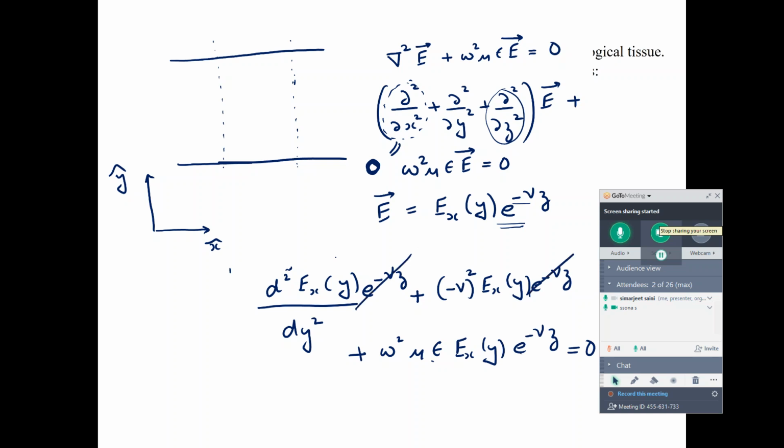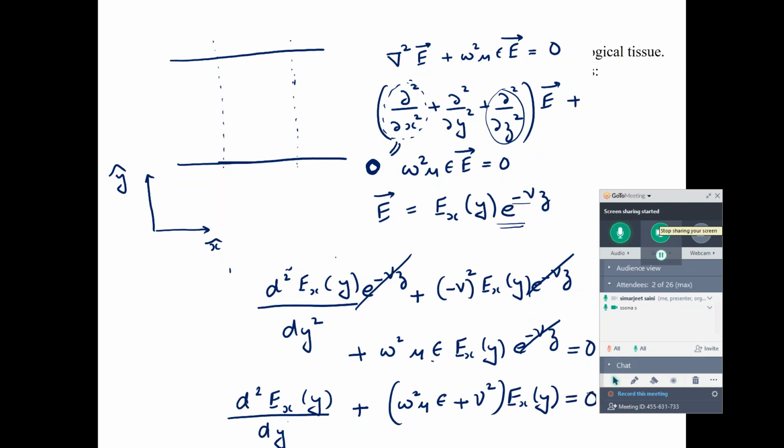I can drop these exponentials and I end up getting a simple equation: a second order differential equation, d square E_x by dy square plus omega square mu epsilon plus gamma square times E_x(y) is equal to 0. That's a second order differential equation and I need to find the solutions for this term.